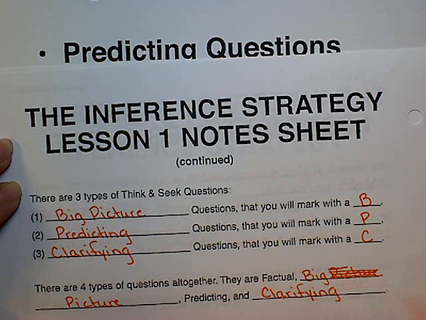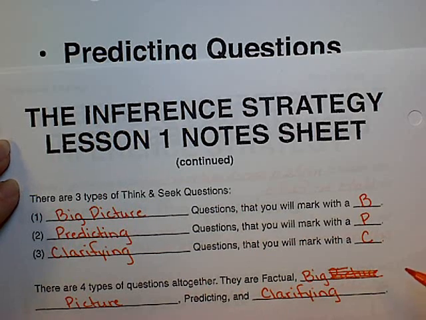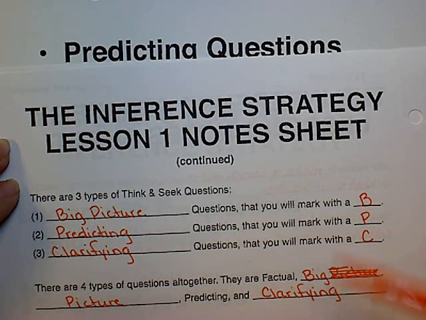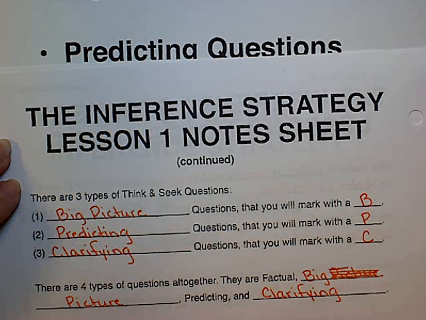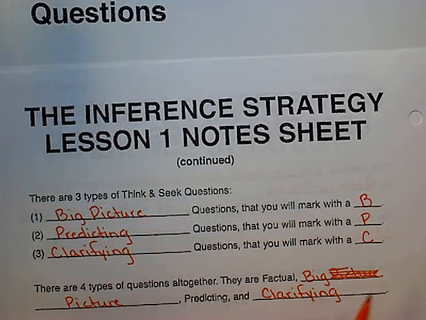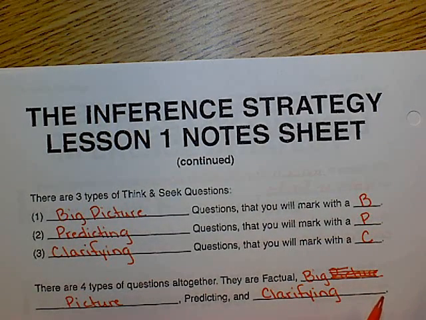Okay, the reason why we're going to go over this over and over again is because we will review, and I do want you to be able to tell me the 4 types of questions. Factual, big picture, predicting, and clarifying. Which 3 are together as a think and seek? Big picture, predicting, and clarifying. Okay, so we have those situated.